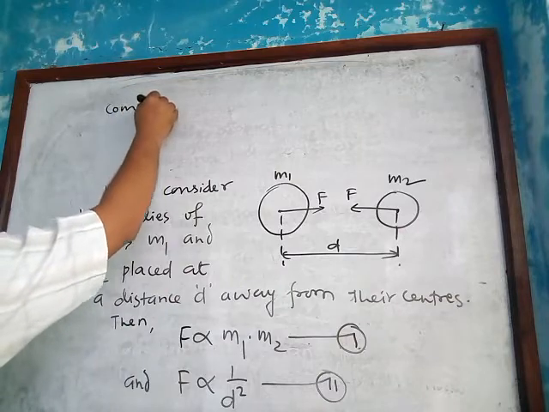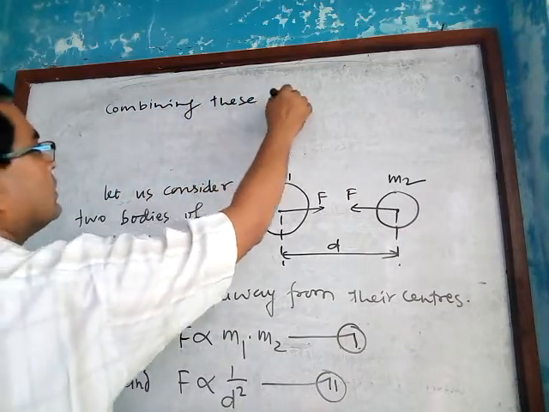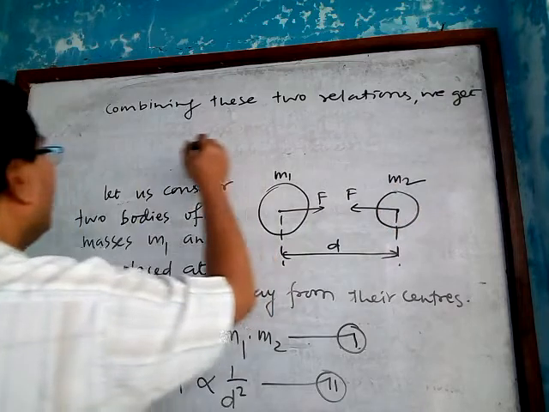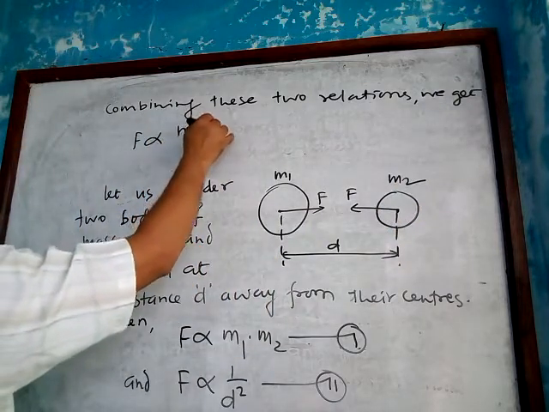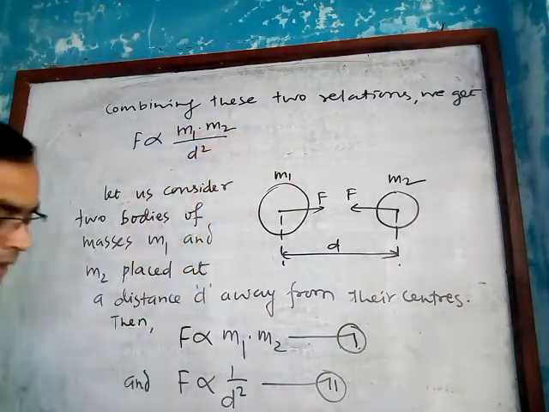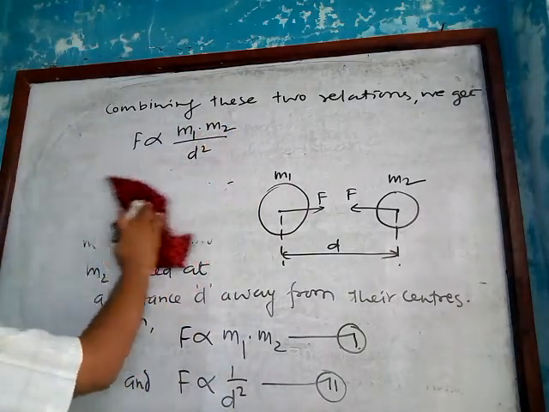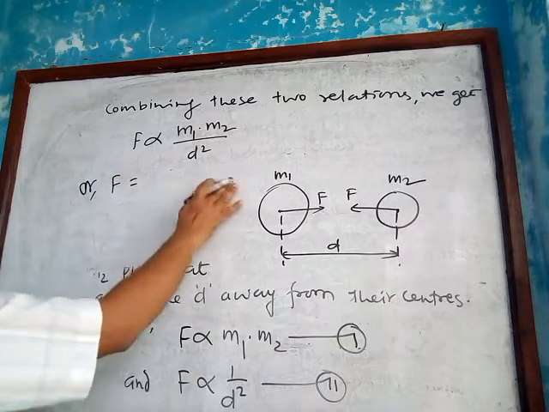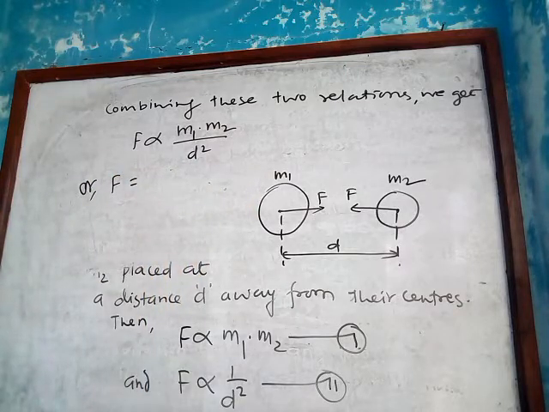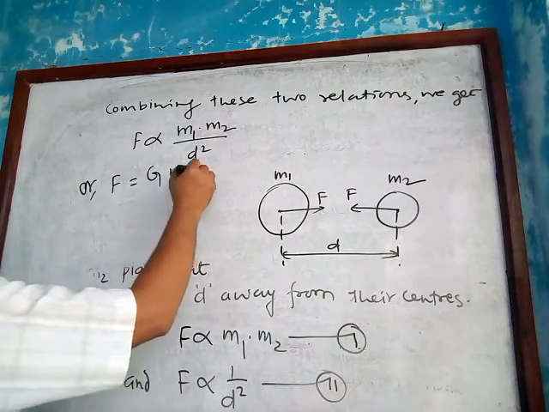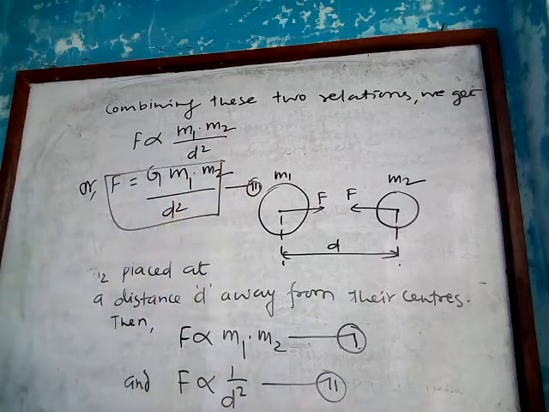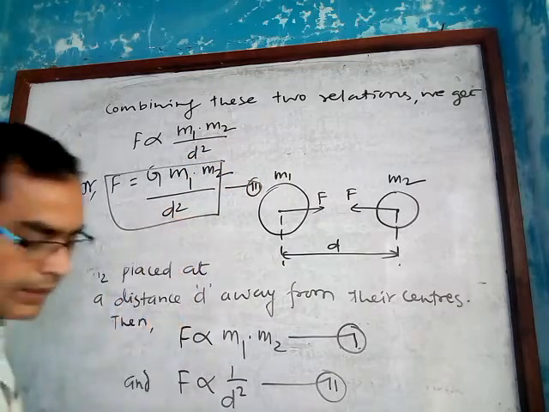Combining these two relations, we get F is directly proportional to m1 m2 upon d square, and we have to remove this proportionality by putting a constant G: F = G m1 m2 upon d square. This is the third relation.